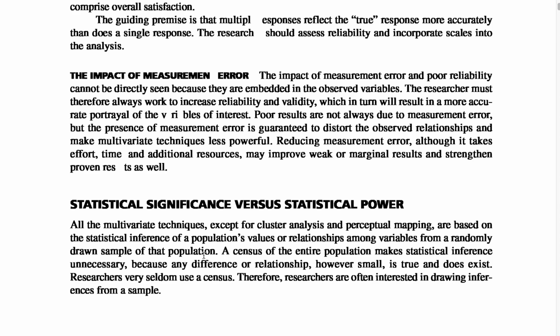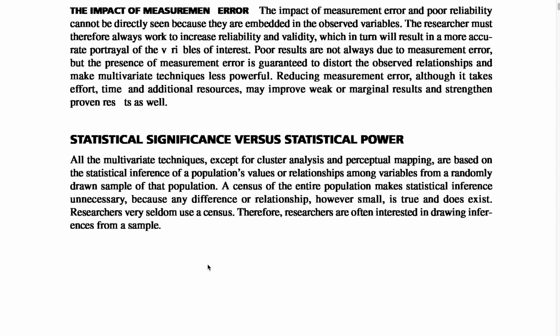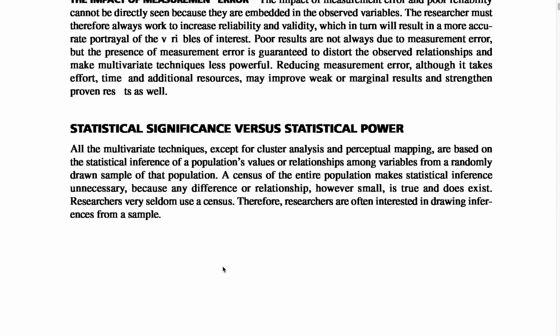Poor results are not always due to measurement error, but the presence of measurement error is guaranteed to distort the observed relationships and make multivariate techniques less powerful. Reducing measurement error, although it takes efforts, time and additional resources, may improve weak and marginal results and strengthen proven results as well.